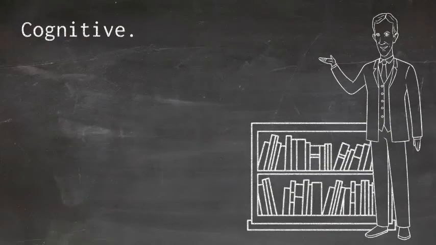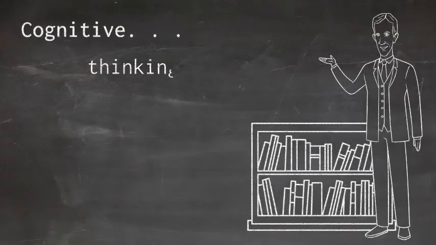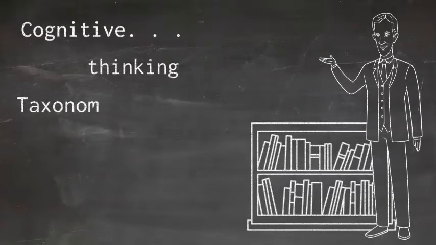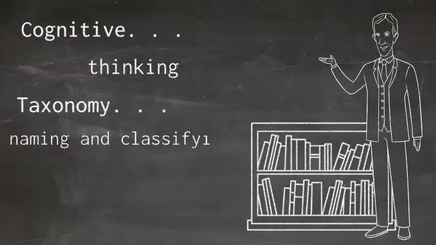The word cognitive is just a fancy word for thinking. Taxonomy is a fancy word for naming and classifying. Benjamin Bloom's cognitive taxonomy identifies and names thinking skills and classifies them by arranging them in the order one must follow to master academic thinking.